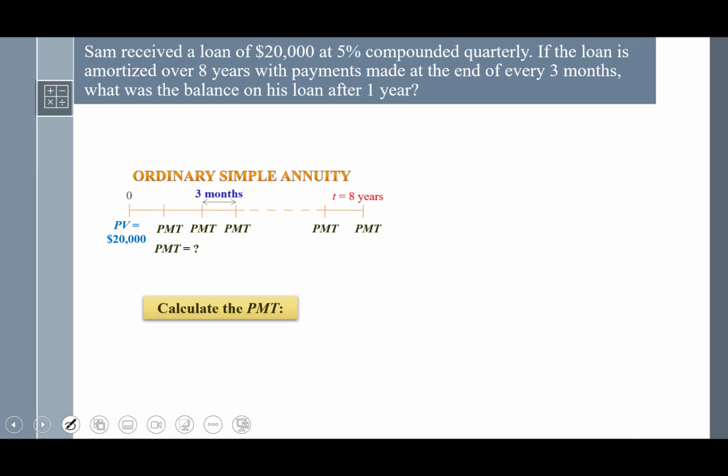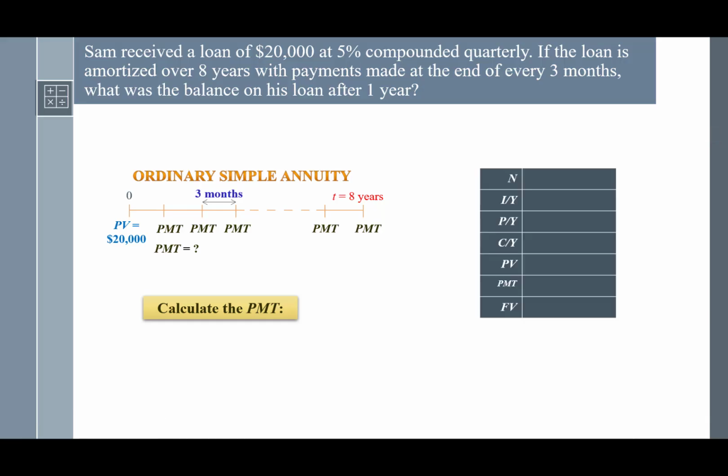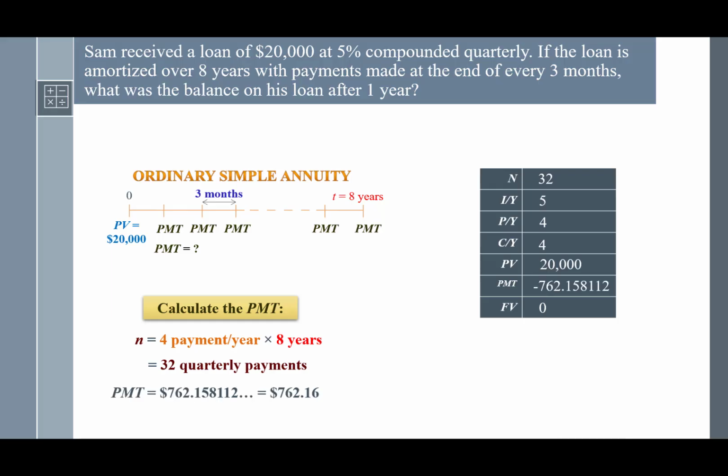We're going to enter N, which is the 8 years quarterly, right? So that's 32, interest rate is 5, PY and CY are 4, the present value is 20,000, future value is 0, and the PMT, after we enter all of that, would be 762.158, etc.